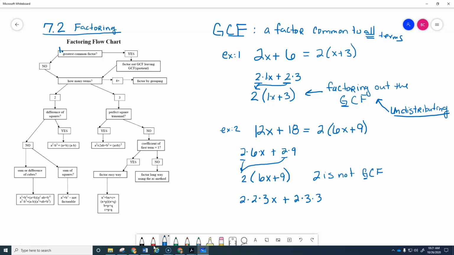And the reason that I want to show you this is because I've got a common factor right here of 2 and a common factor right here of 3. Let me see if I can get some colors here. Here's a common factor of 2, and then here's a common factor of 3. So that means that I can bring the 2 out. This 2 can come out. And then I can bring the 3 out.